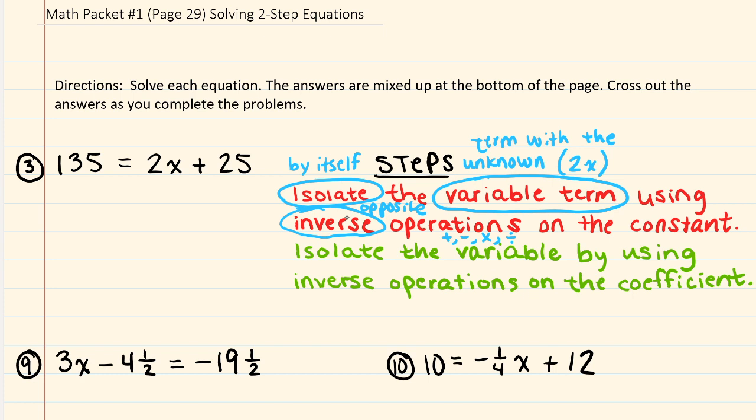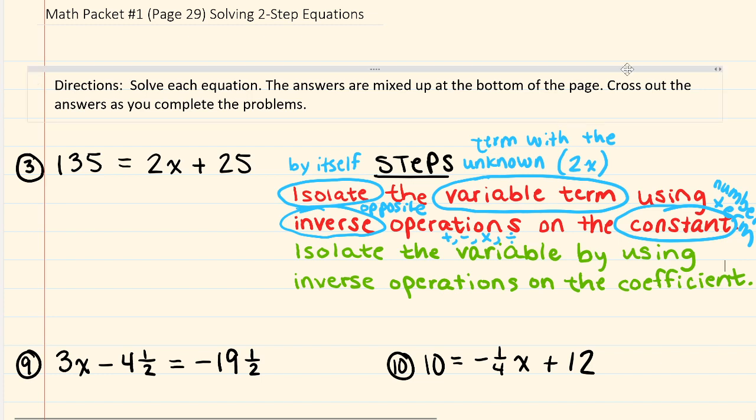The opposite of multiplication is division. And the opposite of dividing is multiplying. So we're going to get the term with the unknown by itself using opposite operations on the constant. A constant is just the number term. The plain old number term.